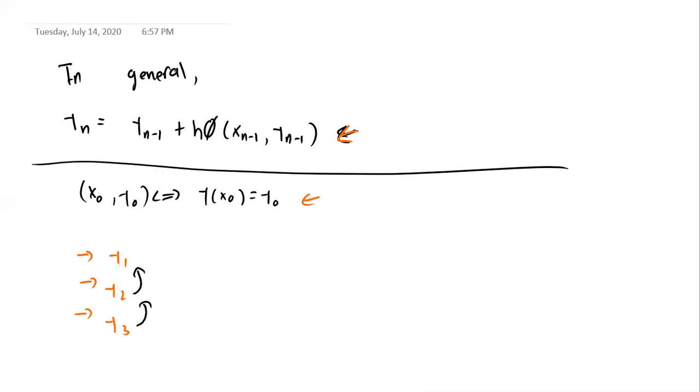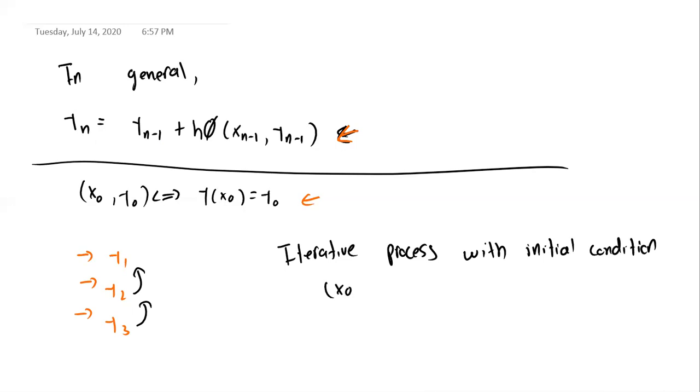It's using y1 from the previous one, it's using y2 from the previous one, etc. This is what we call an iterative process with initial condition, or a starting value given by x naught, y naught, which of course comes from this initial condition that you're given to begin with.